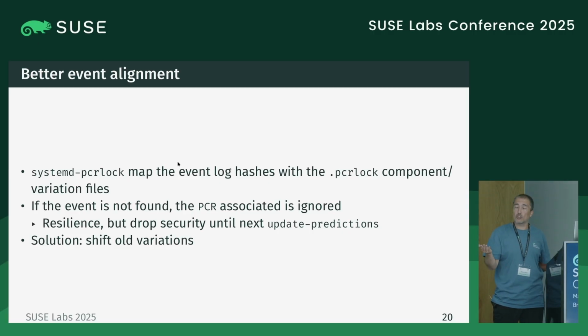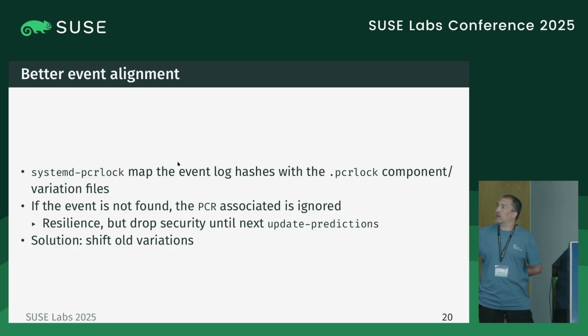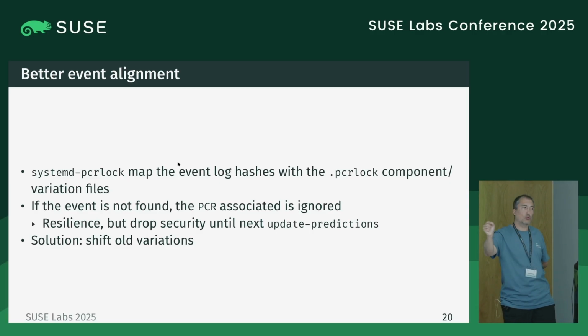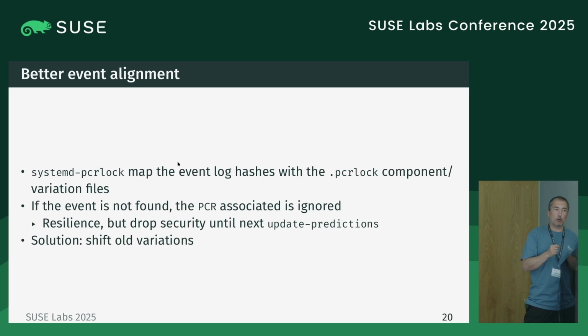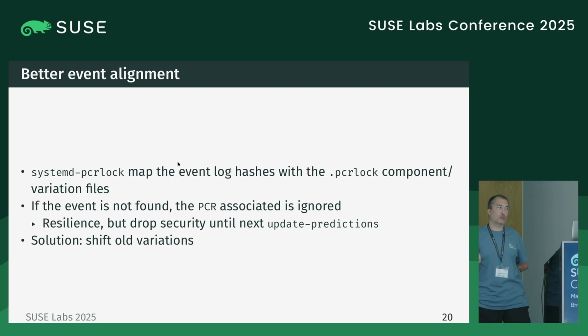Generally, this is very nice because it makes the solution very resilient. So that means that you are going to have a protection, maybe not a full protection, but it is going to work, and eventually this is going to be covered by the next update prediction that is going to have the component in the proper place. But it is dropping the security without a proper notification to the user.